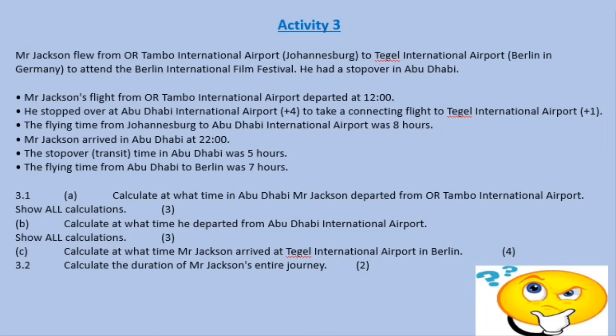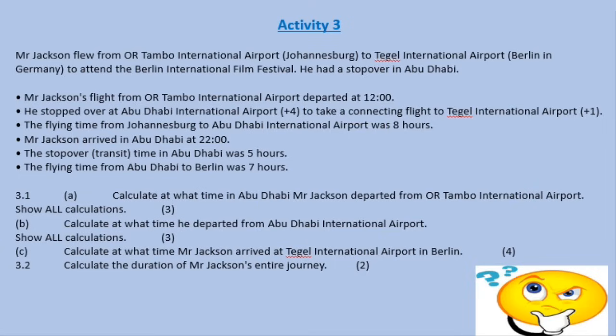He stopped over at Abu Dhabi International Airport, which is a +4, to take a connecting flight to Tegel International Airport, which is a +1. The flying time from Johannesburg to Abu Dhabi International Airport was 8 hours. Mr. Jackson arrived in Abu Dhabi at 22 hours. The stopover transit time in Abu Dhabi was 5 hours. The flying time from Abu Dhabi to Berlin was 7 hours. Calculate what time in Abu Dhabi Mr. Jackson departed from OR Tambo International Airport.